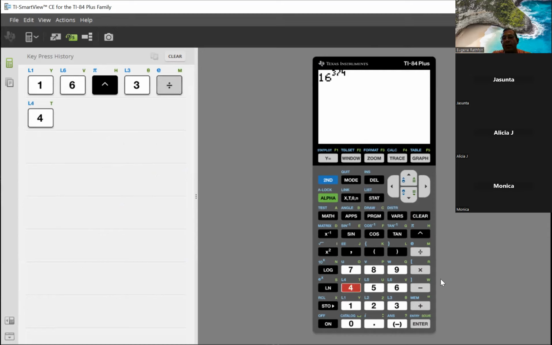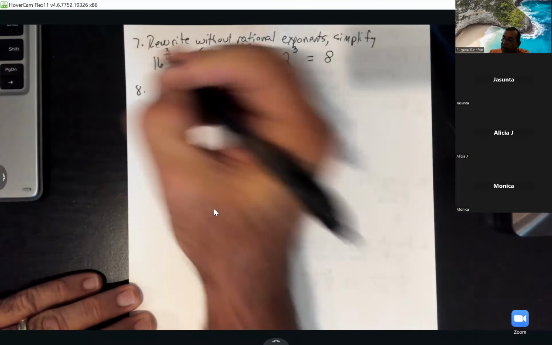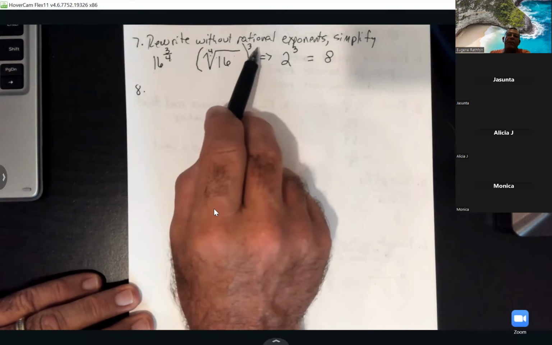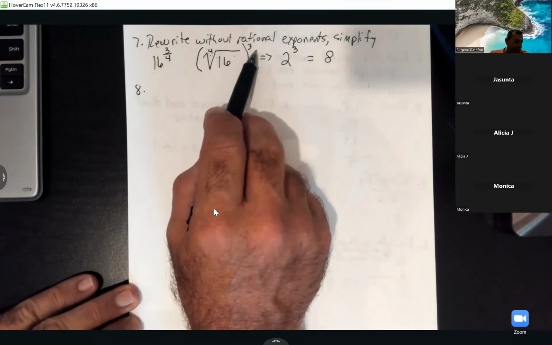So now I've got 16 to the 3/4. When I hit enter, we get 8, which is what we got doing it by hand. So y'all, either way on those, remember, when you got numbers, it's easier to do the roots first and then apply the exponent, okay?